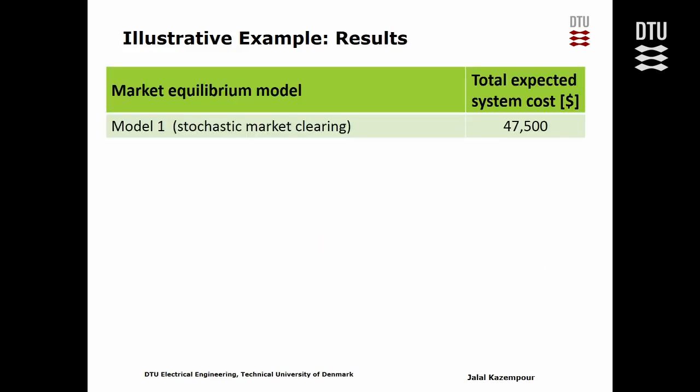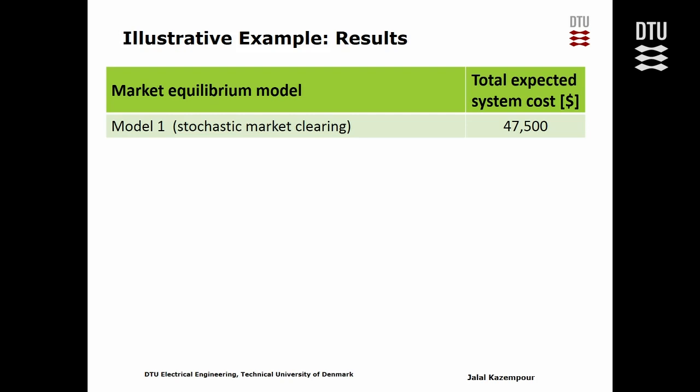Okay? If we solve a stochastic market clearing, either as an optimization or as an equilibrium, they are equivalent. You will see that the total system cost, which is the cost in day ahead plus expected cost in the real time under 2 scenarios we have, the system cost is $47,500 US. Okay?